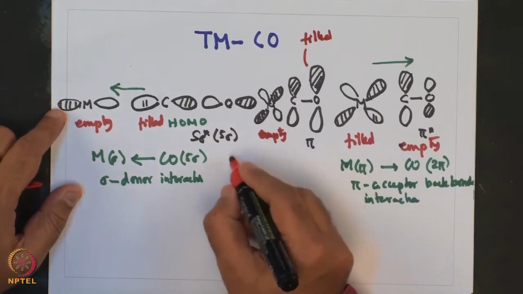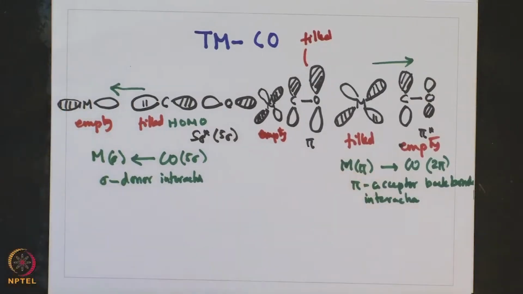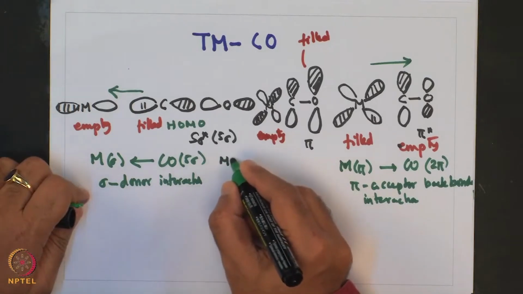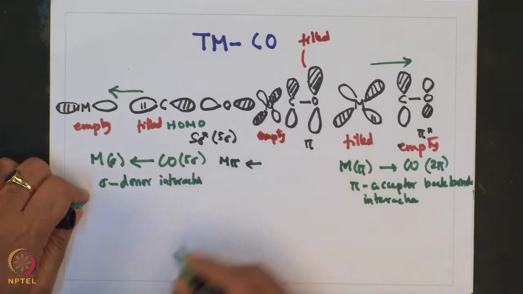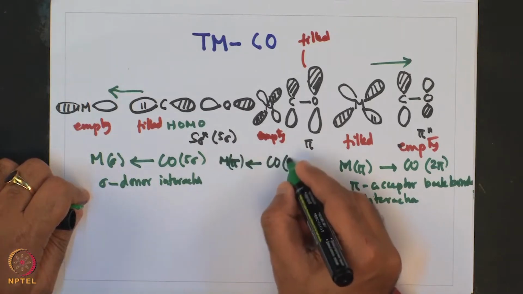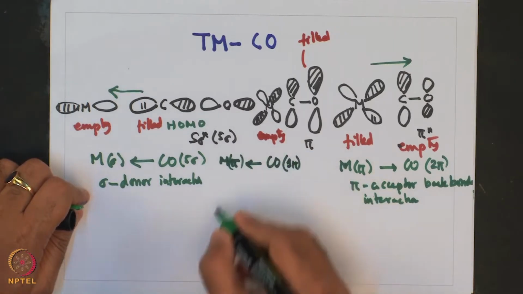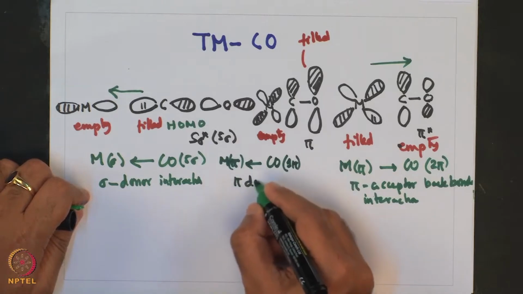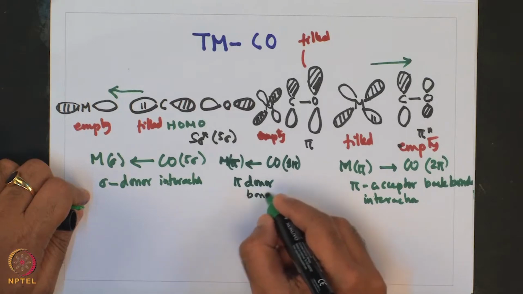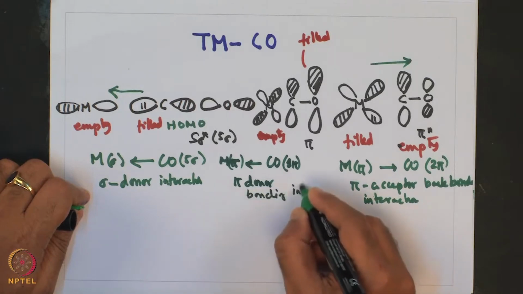This is called the CO to metal pi donor bonding interaction.